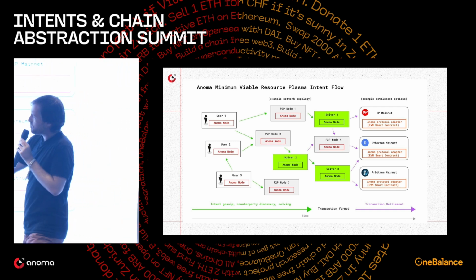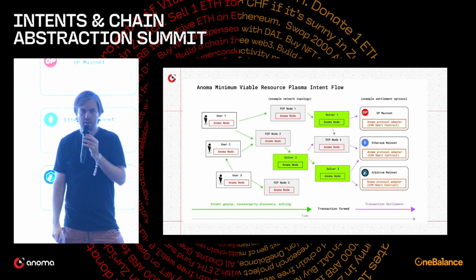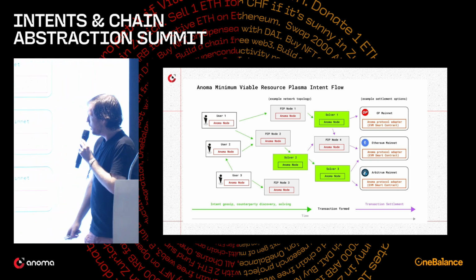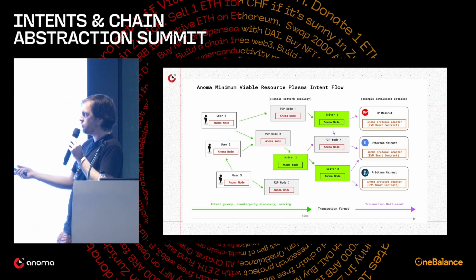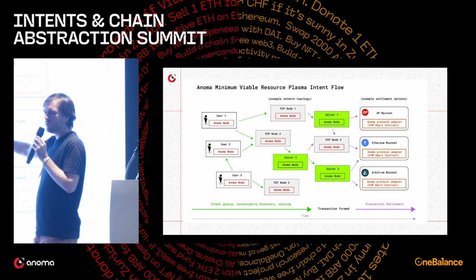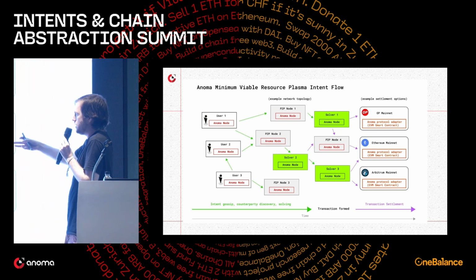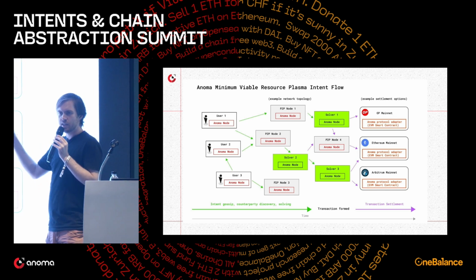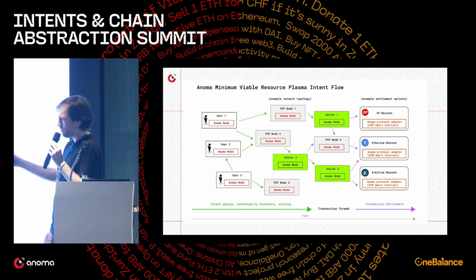All of these parties, you can see in the red boxes, are running Anoma nodes in the resource plasma architecture, which means that they're using the Anoma software, connecting over peer-to-peer, sending intents, performing solving, etc. But when they publish transactions, those transactions are ordered, executed, and state changes are signed and broadcast by these existing settlement layers in the Ethereum ecosystem running protocol adapters.